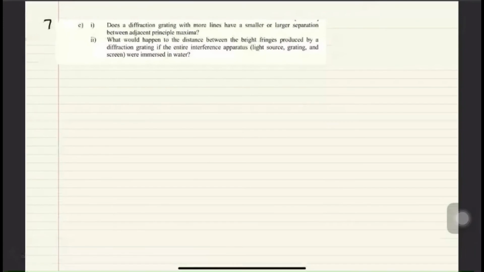And part C says, does a diffraction grating with more lines have a smaller or larger separation between adjacent principal maxima? Okay, so this is a diffraction grating. From the formula, it doesn't ask for calculation, you just answer. But we use the formula d sin theta equals to n lambda.